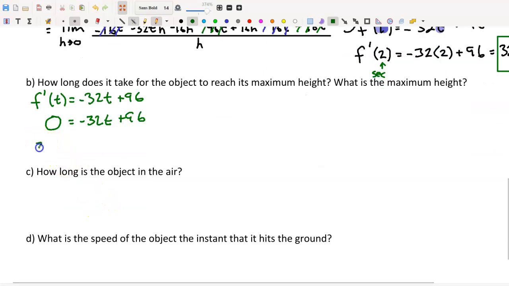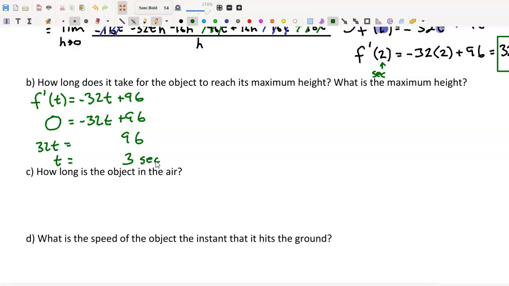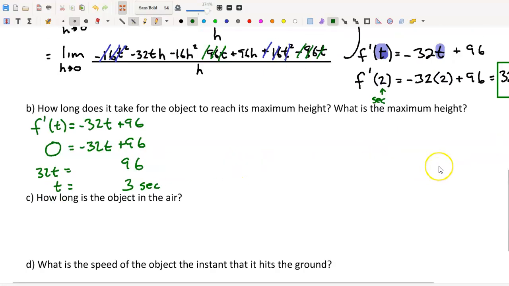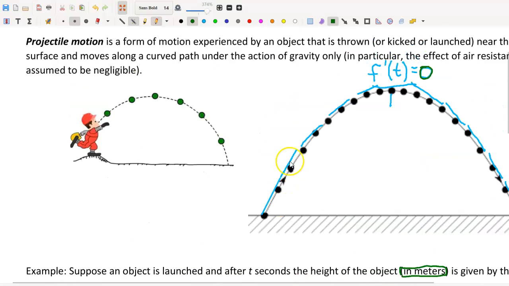So you just solve this. 32t equals 96, and you get 3 seconds. So we have found that this is 3 seconds right here. I'd make this 2 seconds.